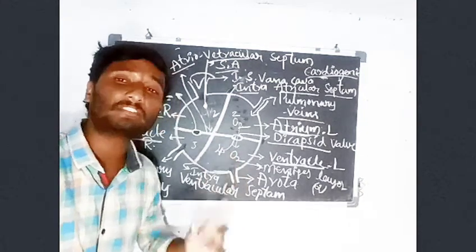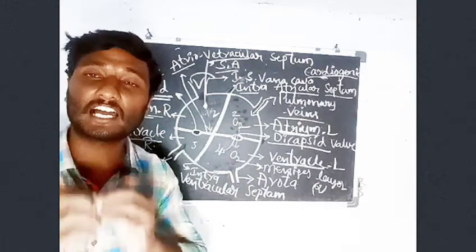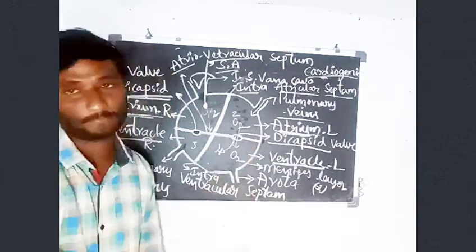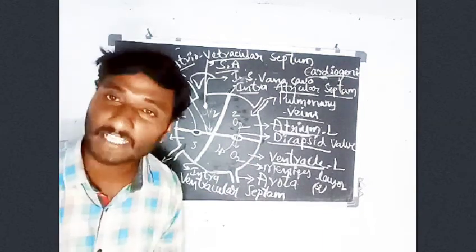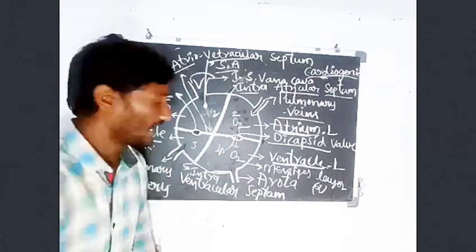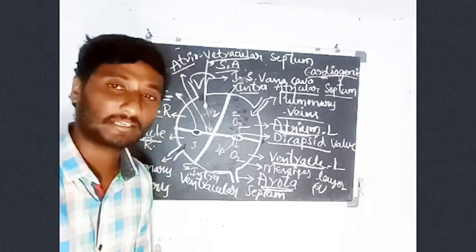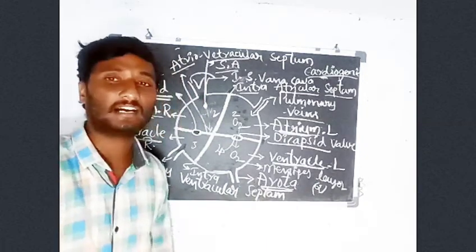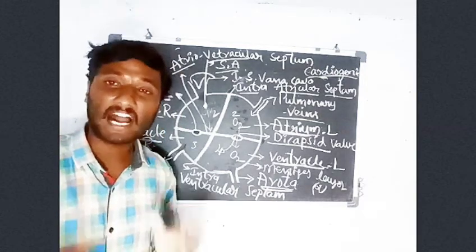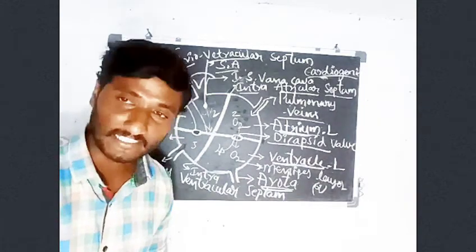With the help of the left ventricle, oxygenated blood is transported to various parts of the body with the help of the aorta. The aorta is a main important blood vessel in the human body. With the help of the aorta, oxygenated blood is supplied to various parts of the body.